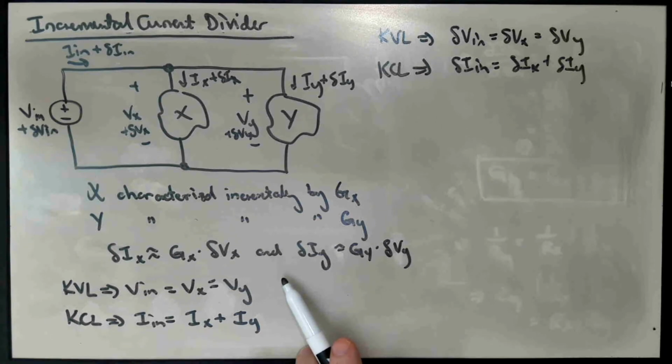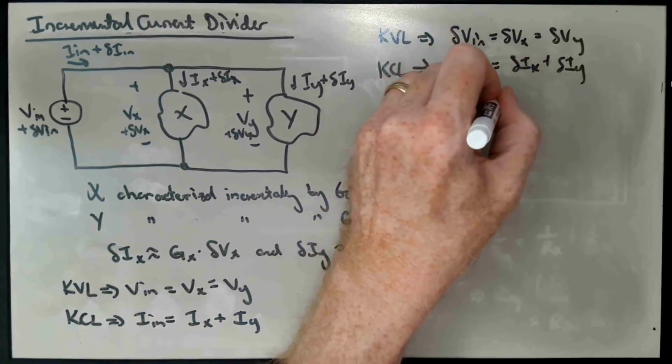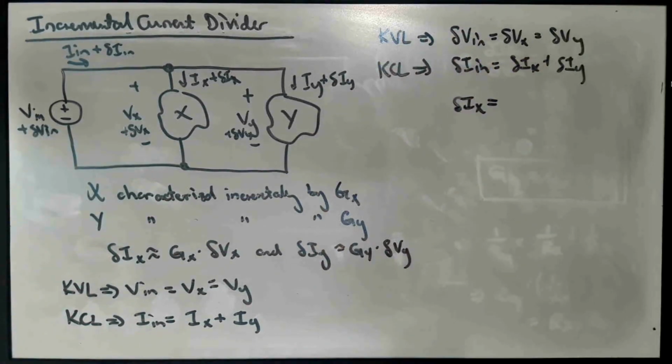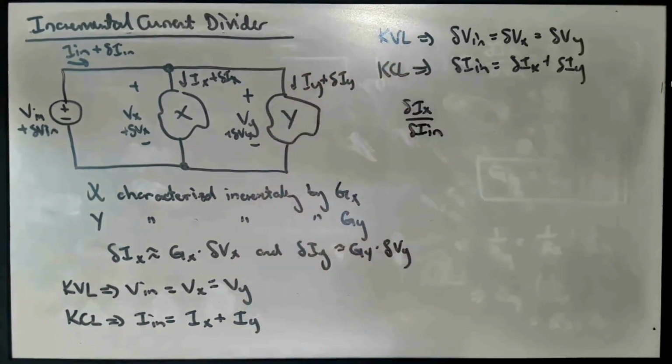So if we want to know what is delta Ix, well, actually, for the current divider situation, we want to know what is delta Ix over delta In, right?